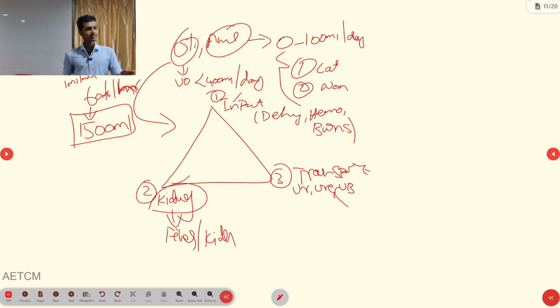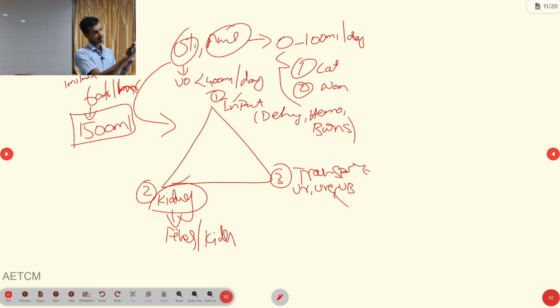These are some common causes for oliguria and anuria. So the problem might be in the input area, in the kidney area, or in the transport channel like the ureter, urethra or urinary bladder. We also told some conditions like obstruction in the urine flow and some malignancies, which can also cause oliguria and anuria.